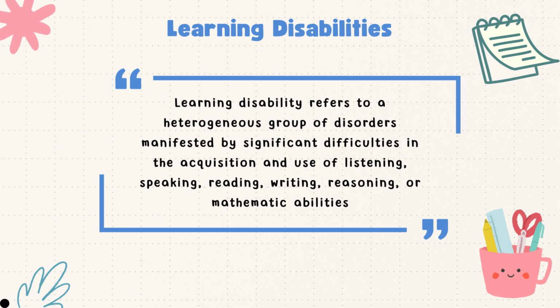Now, I will continue with learning disabilities. So, learning disability refers to a heterogeneous group of disorders manifested by significant difficulties in the acquisition and use of listening, speaking, reading, writing, reasoning, or mathematical abilities.